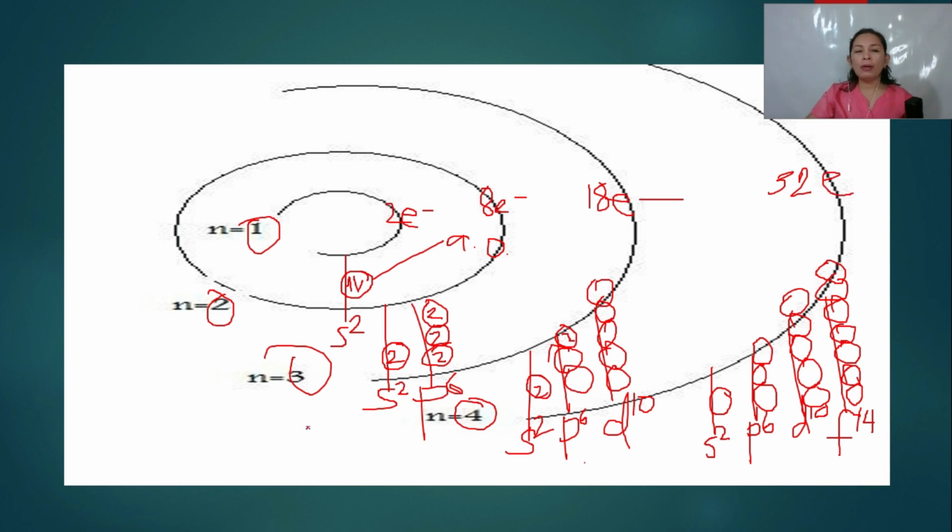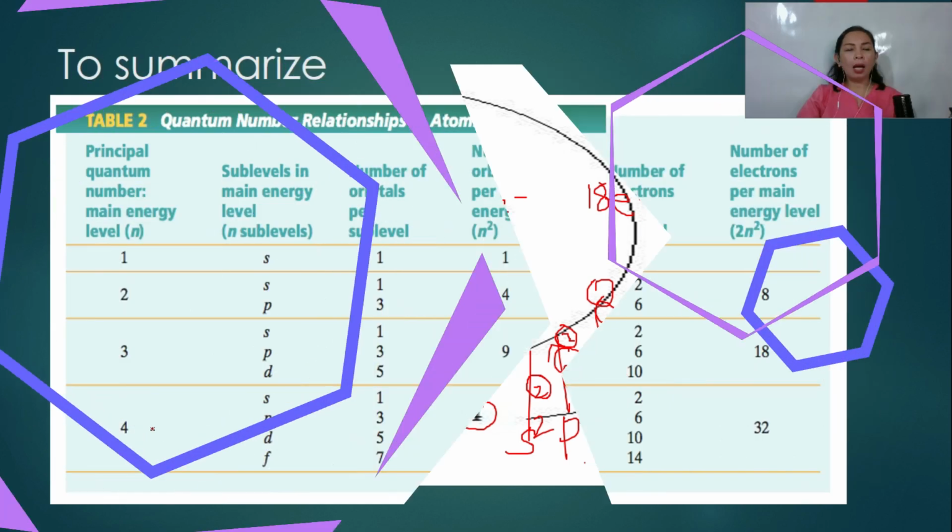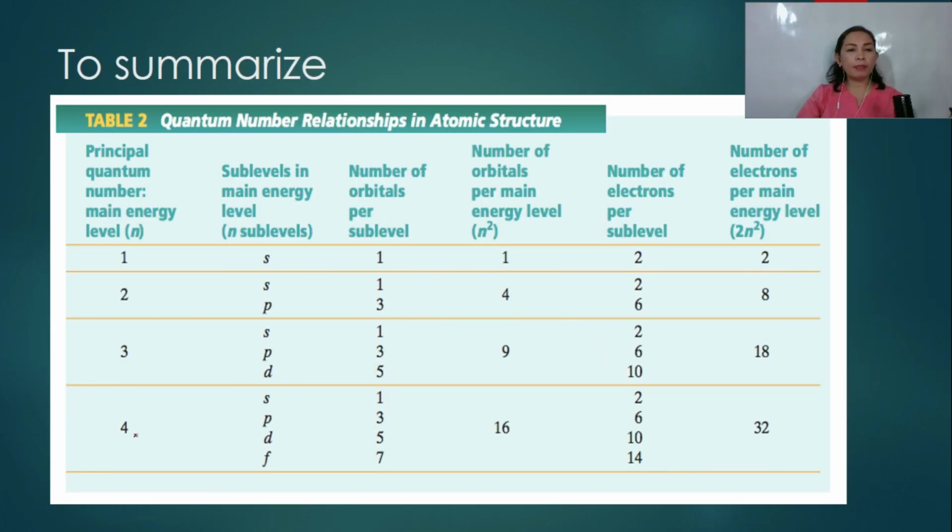So far, those are the number of sublevels, the number of orbitals, and the total electrons in a given sublevel and orbital. To summarize, class, we have here a table of quantum numbers in relationship with atomic structure. We have principal quantum number 1, 2, 3, 4, meaning energy level 1, energy level 2, energy level 3, and 4.